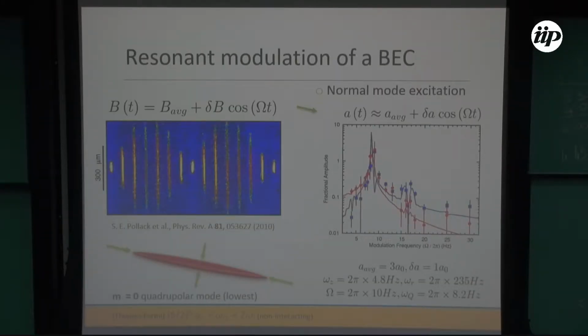So, a while ago, we started that project. Actually, I was just coming back to the group, and so I knew these results mainly from Vanderlei and other students who started that a while ago. They went directly to modulate the B field and try to excite normal modes of the superfluid, basically the quadrupolar, the lowest mode, and observed it.